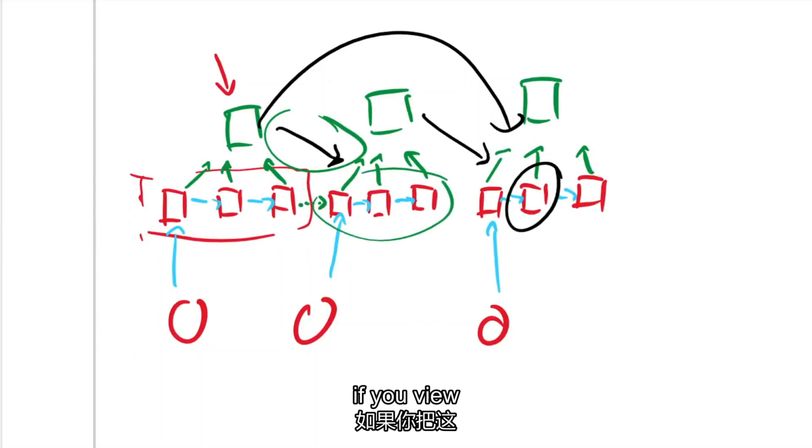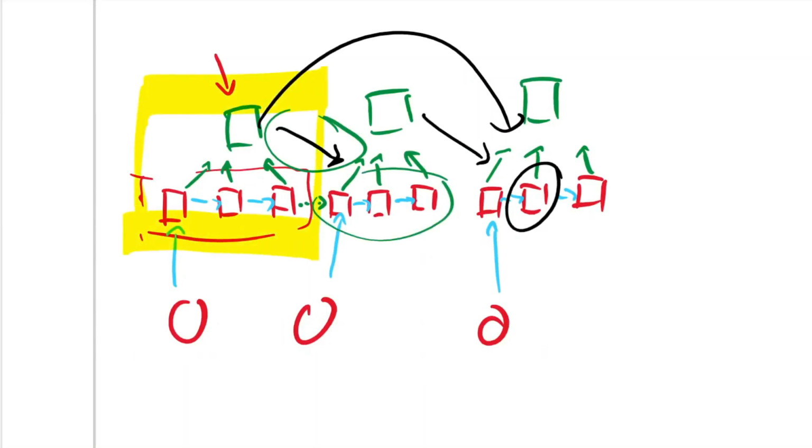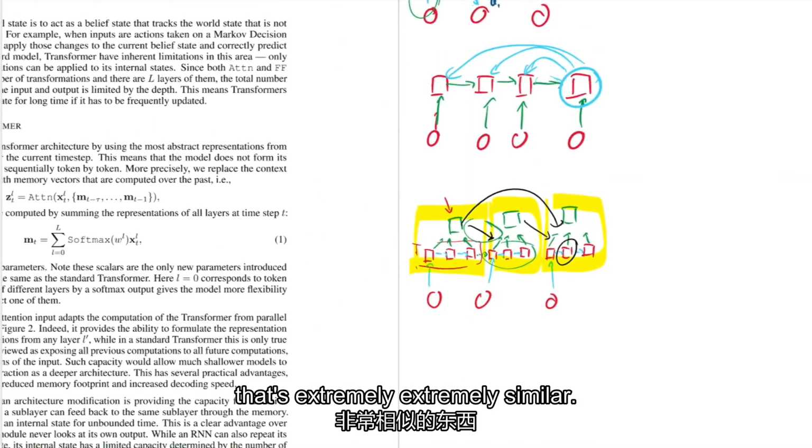So if you view this part as an RNN cell, and this part as an RNN cell, and this part as an RNN cell, then this is an RNN with an attention mechanism, or something that's extremely similar.